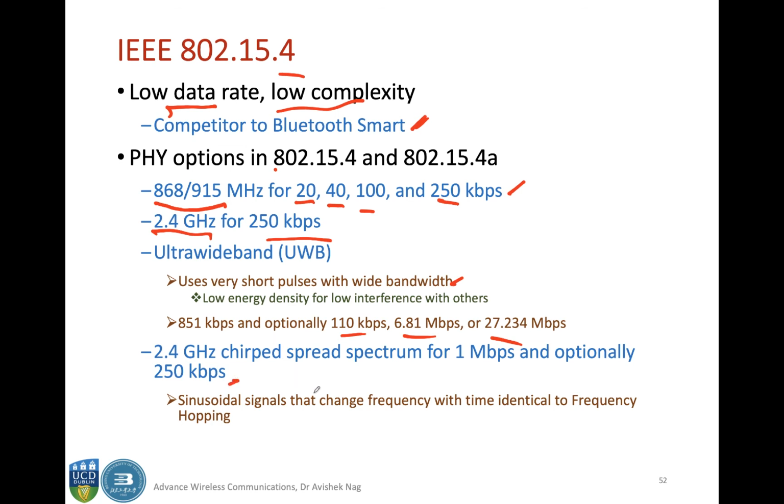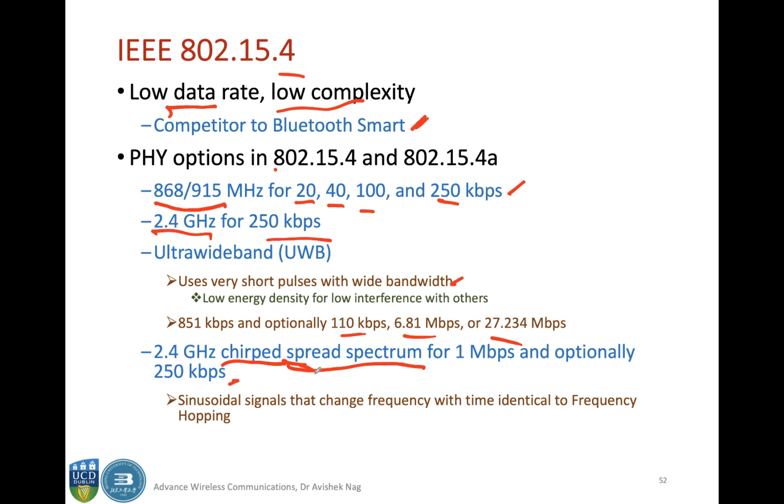Again, I will cover what is spread spectrum later in this semester, but chirped spread spectrum is something which is beyond the scope of this module, but I will not discourage you to look up and read more about this if you are interested.